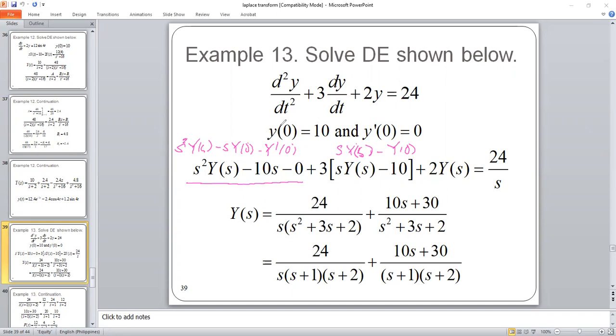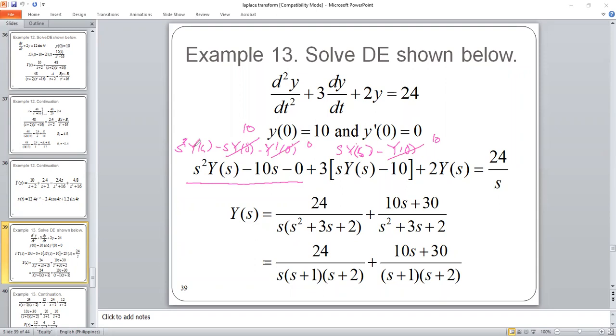If we substitute the initial conditions provided, y of 0 is 10, sorry, this is 10, by the way. And y prime of 0 is 0. So this is the one that is 0.